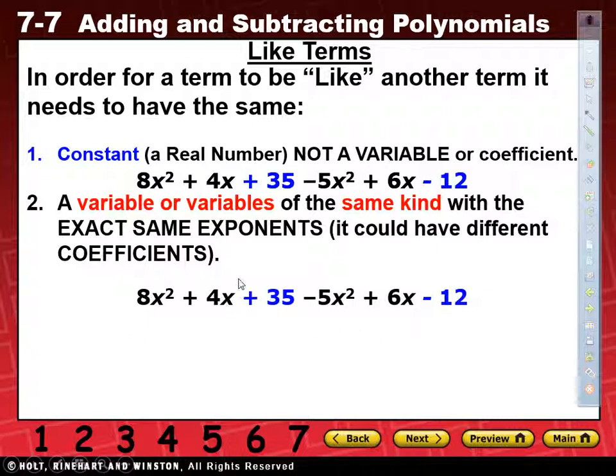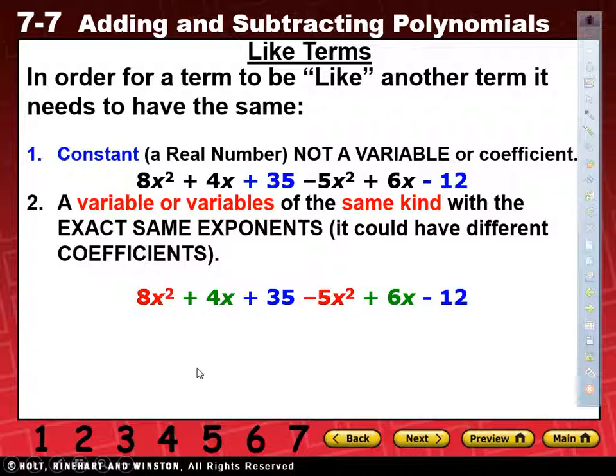Okay, first of all, I'm going to start with this 4x. Do you see another one that's like it? Yeah, the 6x. If these were animals, this would be 4 dogs and 6 dogs. Is that correct? And these are 8 dolphins, and then take away 5 dolphins. So those are alike.